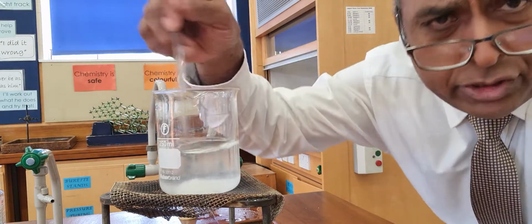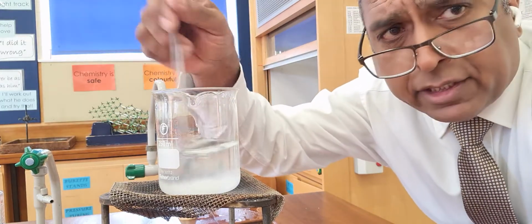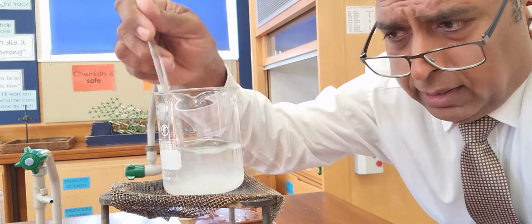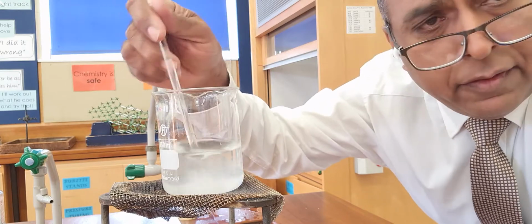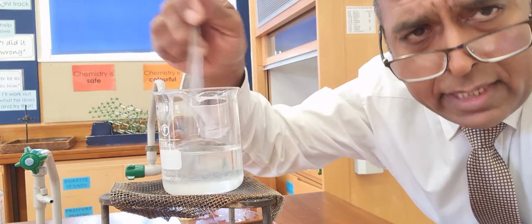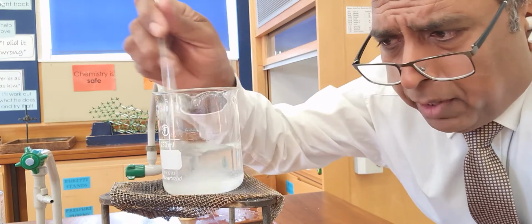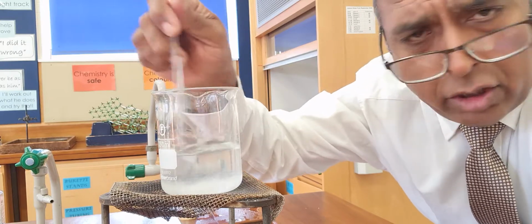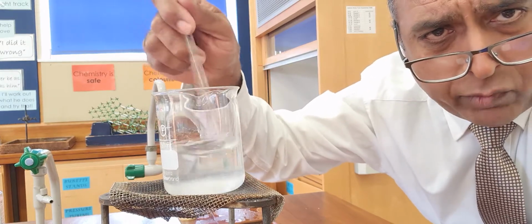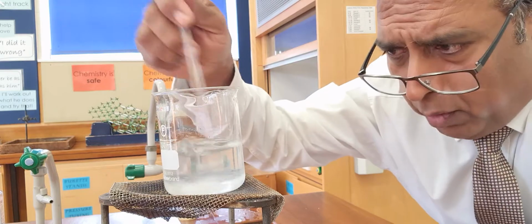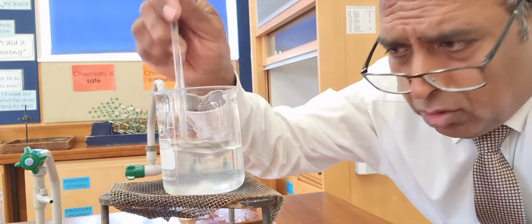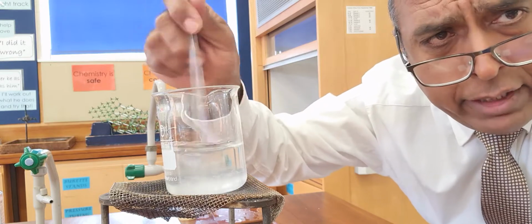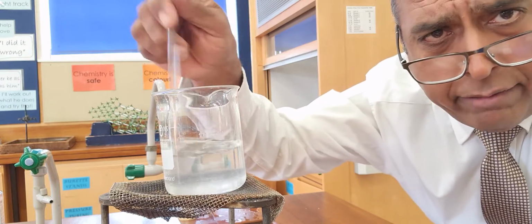Now, when we're trying to dissolve things, dissolving necessarily means the particles in the solid separate. And when they do, we won't see any solid in the beaker anymore. See those grains of sugar floating around?